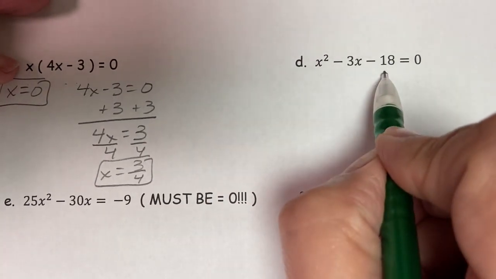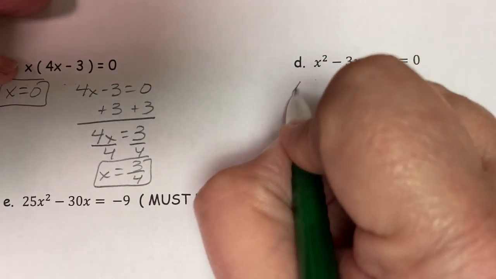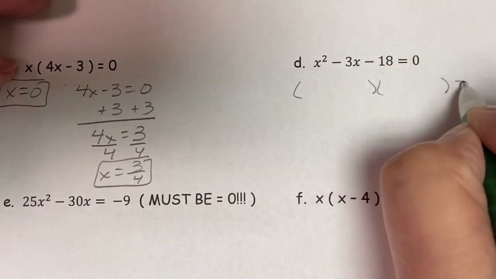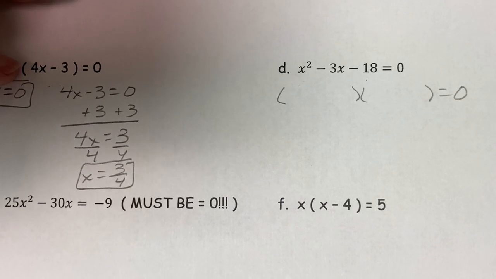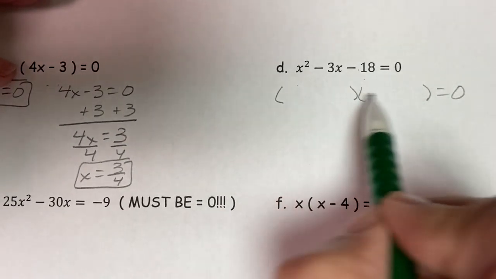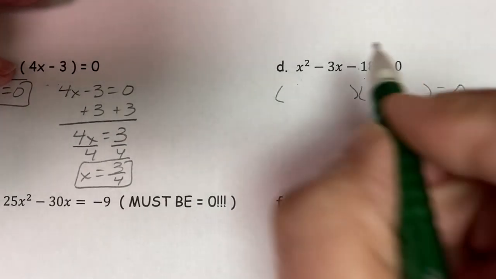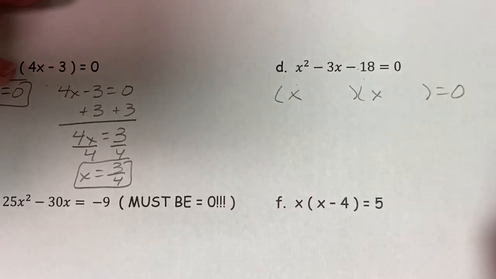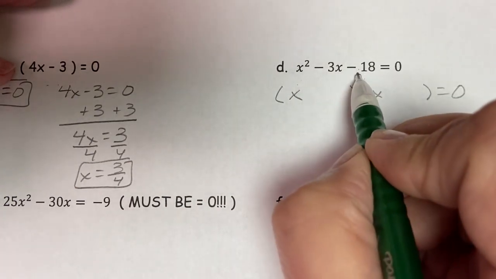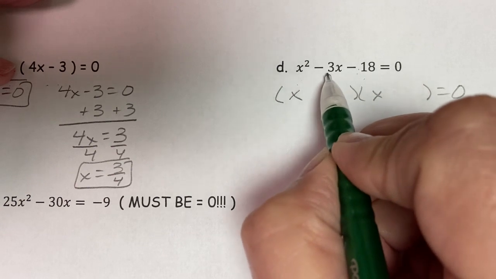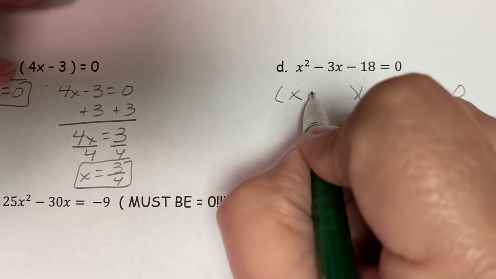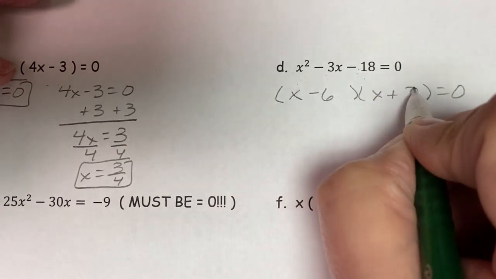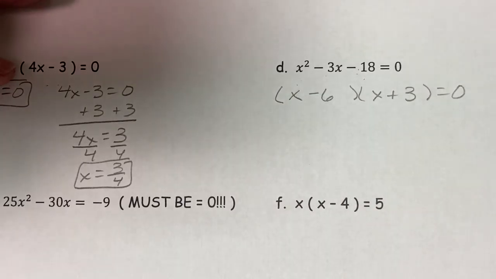All right, so notice this one isn't factored, so we have to go ahead and factor this one. Well, we have had, sure enough, plenty of practice with this. So it's a trinomial, so I'm backwards FOILing. So I'm going to get x and x. What two numbers multiply together to get -18 and add together to get -3? We're talking -6 and +3.